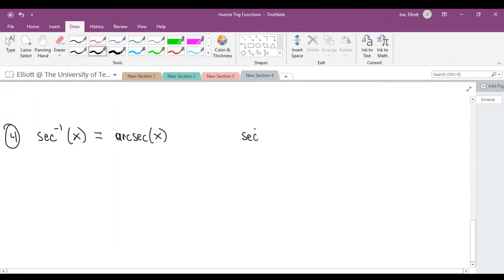So again, all the inverse trig functions kind of work the same way in that what they output is an angle. So arcsecant will output the angle theta, for which secant of theta will be equal to the x value.